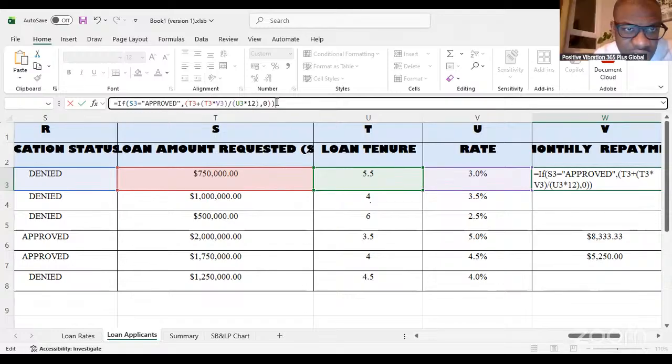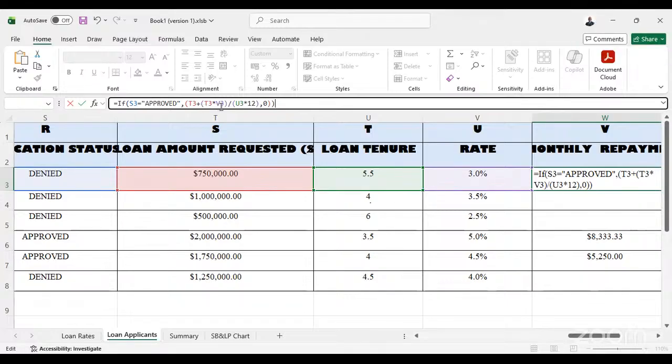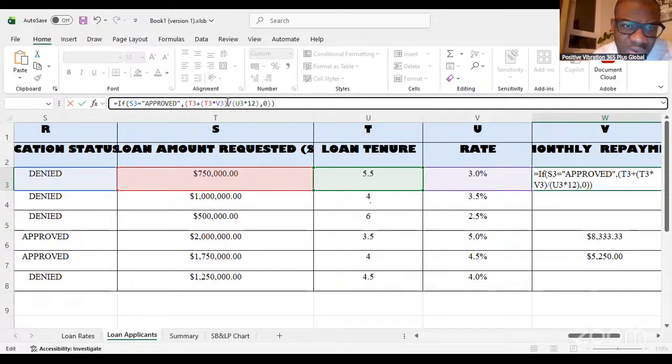We'll fix this. So if approved, T3, open bracket, T3 times V3, which is the rate. Then you have to have one bracket right there.